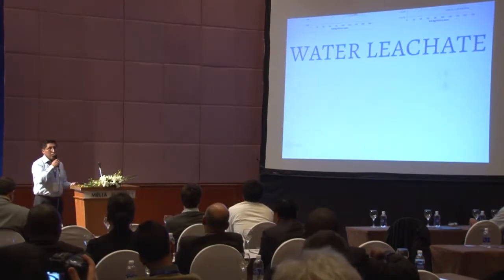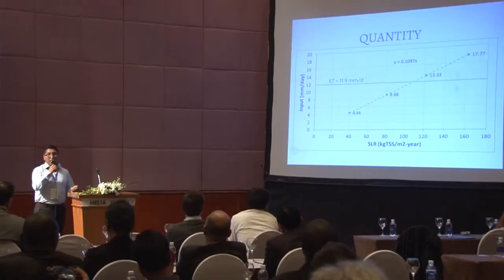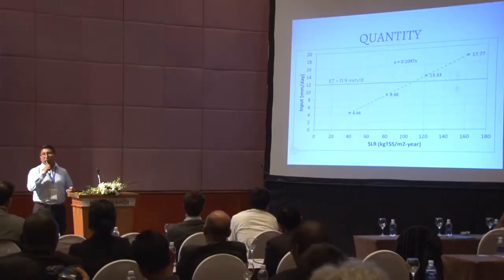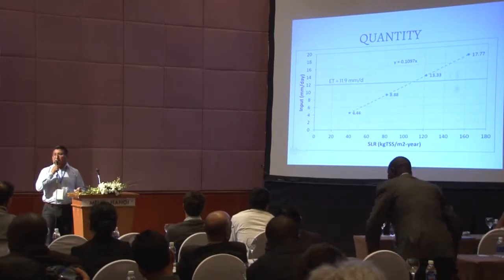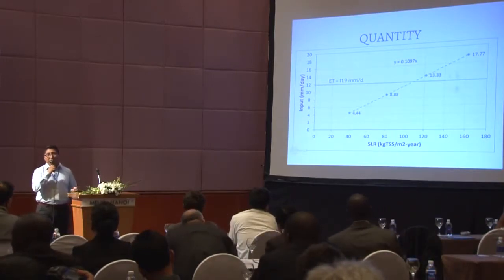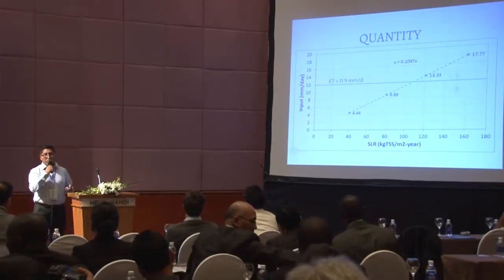About the water that was collected in the bottom, it's very important to measure the quantity of water. Why? Because there is this factor, the evapotranspiration. That's why the dry bed or sludge treatment wetland can change. It's not the same design everywhere. It depends a lot on the local conditions. In this case, for example, the evapotranspiration is almost 12 millimeters per day.